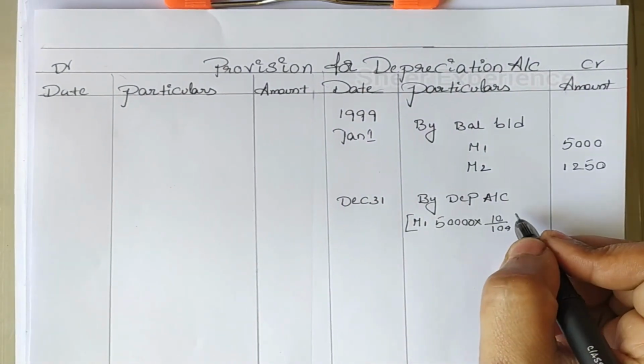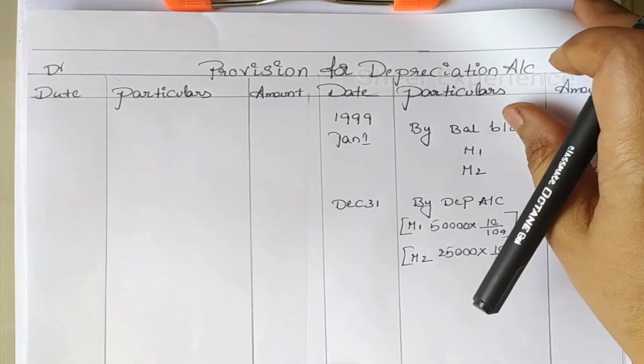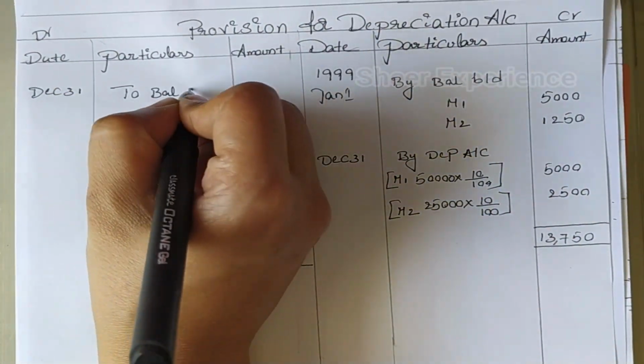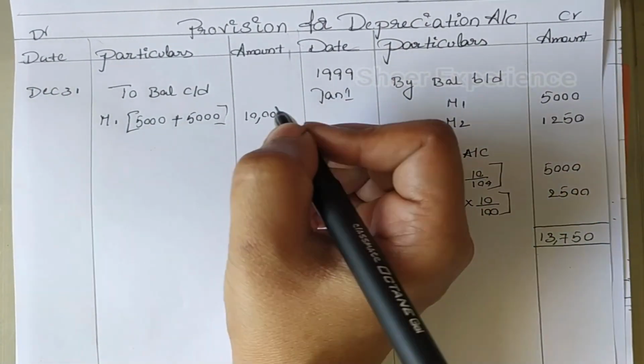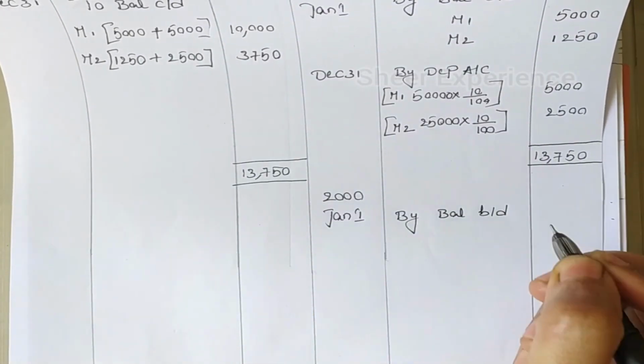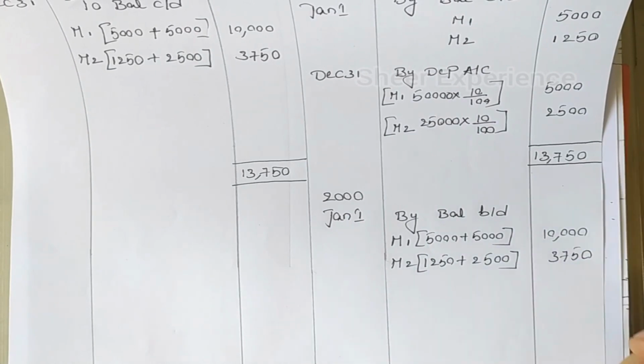As usual at the end of the year we charge depreciation on mission 1 and mission 2. We will balance the amounts on both the sides. The same balances we will bring down to the beginning of the next year, that is January 1st, 2000.